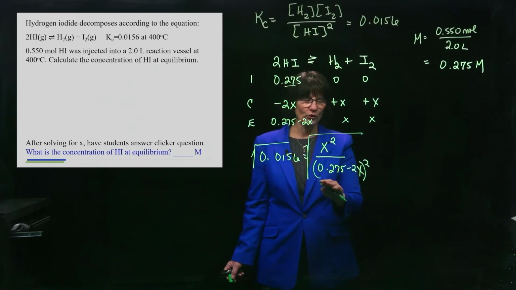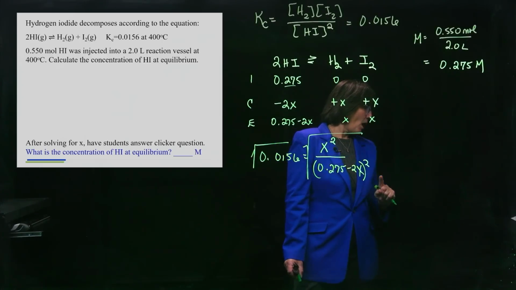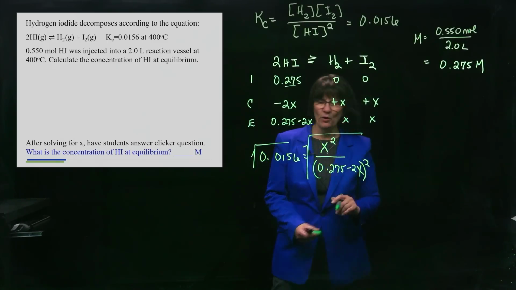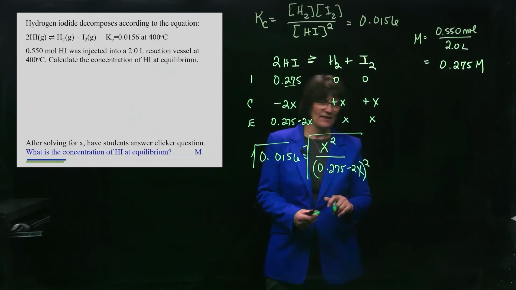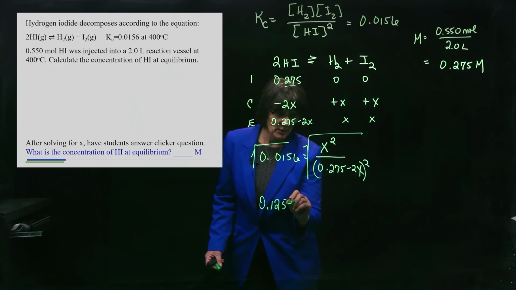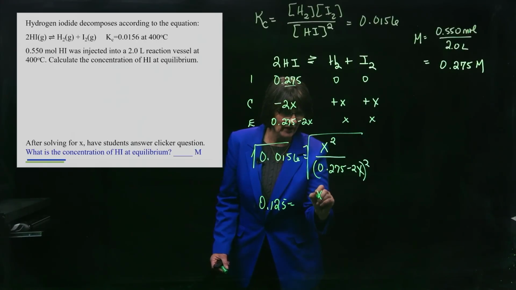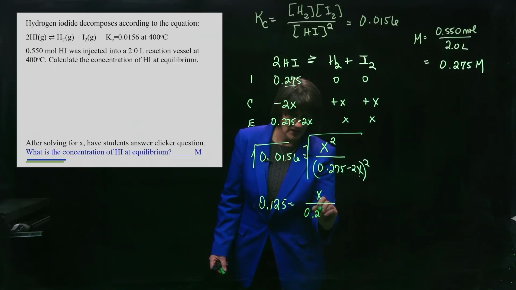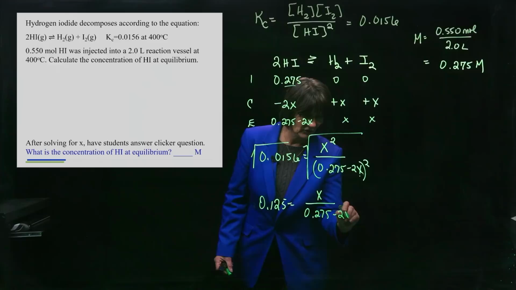Remember, it gives you two solutions when you do this. All right, so let's take the square root of both sides. That is going to give me 0.125, that's the square root of this number, is equal to, well, the square root of x squared is x. And the square root of this squared is 0.275 minus 2x.